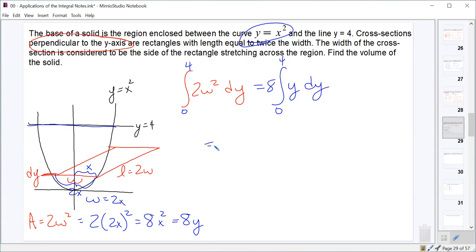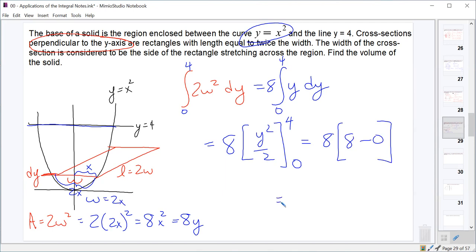And now it's a really simple integration. 8 times y squared over 2 from 0 to 4 gives us 8 times 8 minus 0, or 64 units cubed.